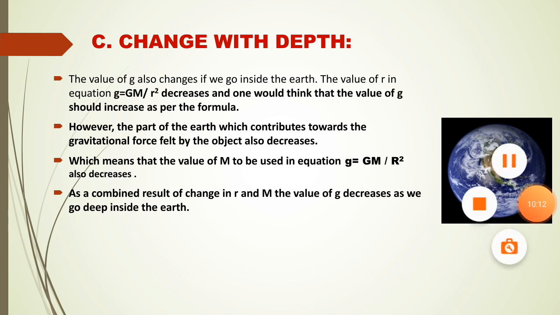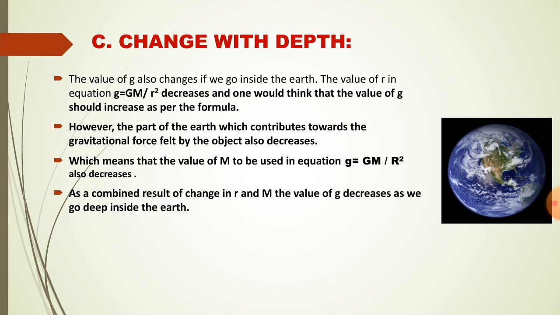Change with depth. Okay, the value of g also changes if we go inside the earth. The value of r in the equation g is equal to GM upon r square decreases, and one would think that the value of g should increase as per the formula, but no. Let's see what will happen.